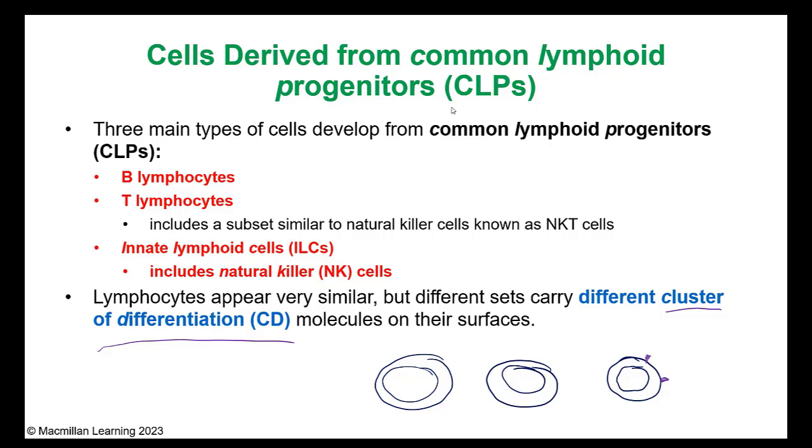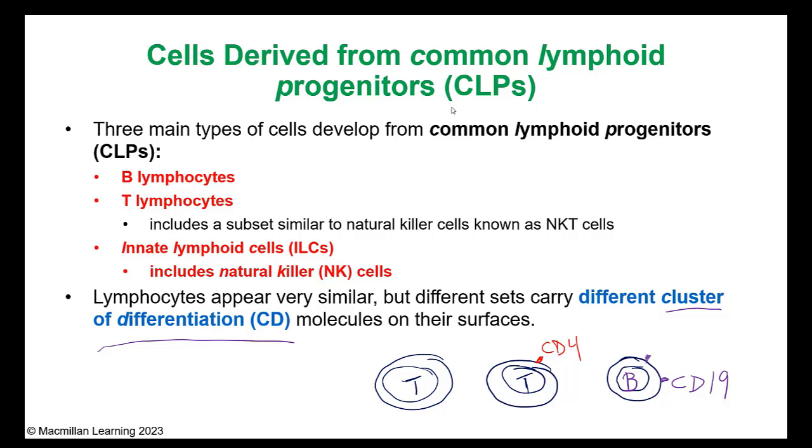In the case of a B cell, you're going to have some CD molecules like CD19. In the case of a T cell, you're going to have major classes of CD molecules. One of them is CD4, and there are many other ones.